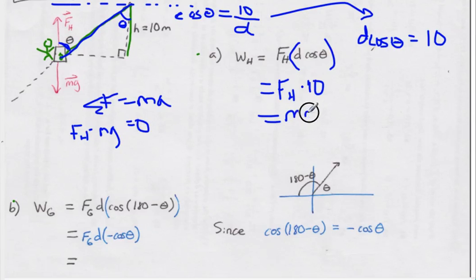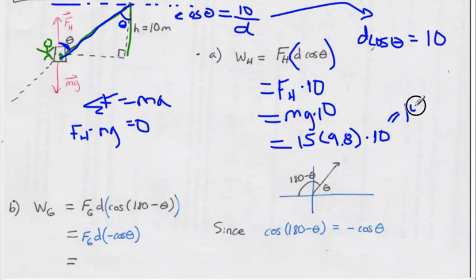So you can just put mg right here, and we're going to say that this hiker weighs 15 kilograms. So 15 times 9.8 meters per second squared times the 10 that we just discovered because of that d cosine theta thing, and we get the work done by the hiker.